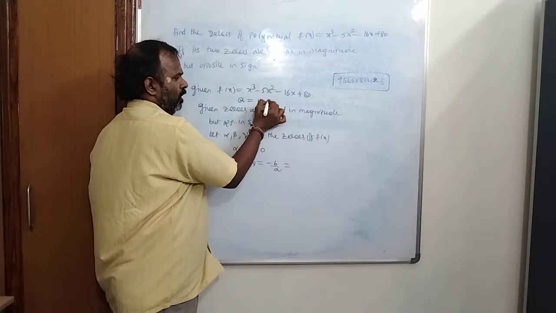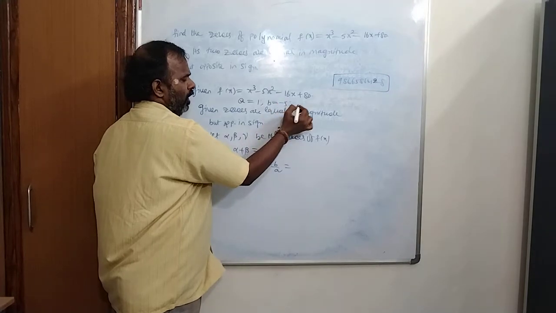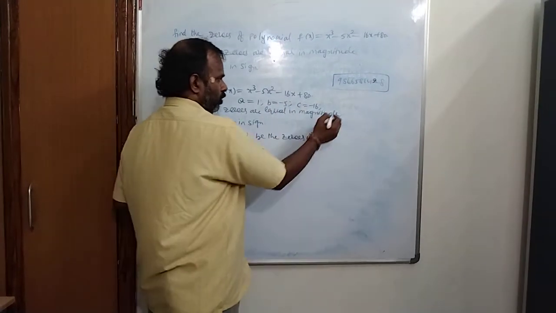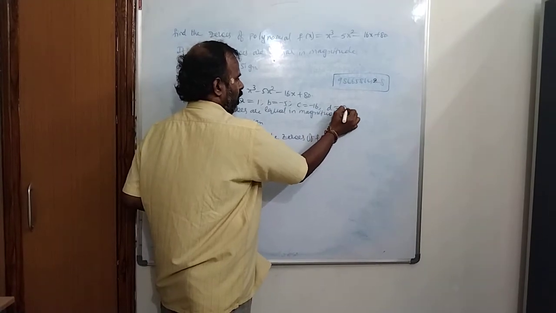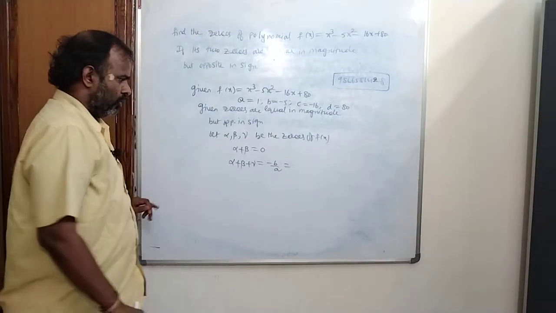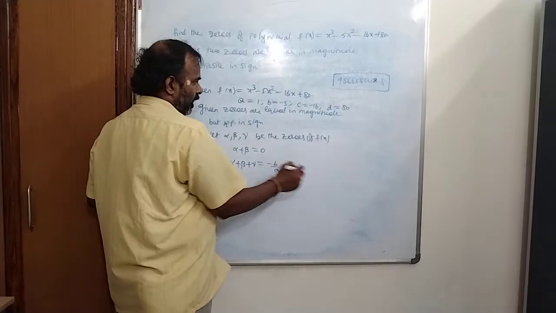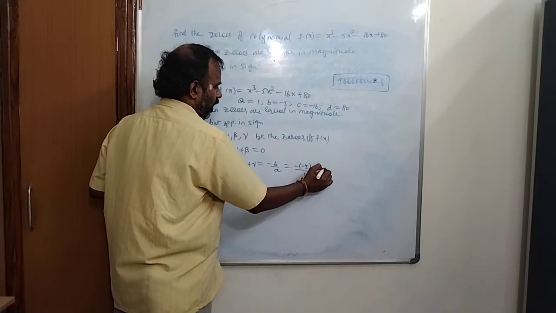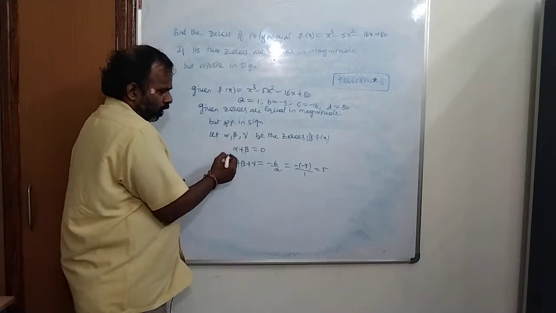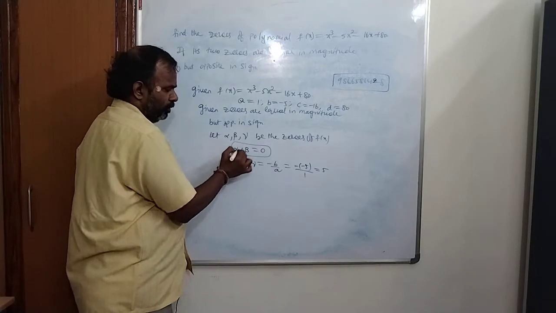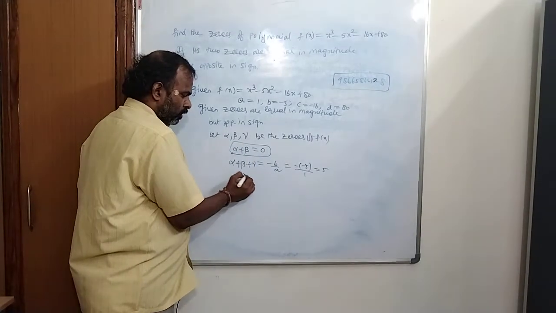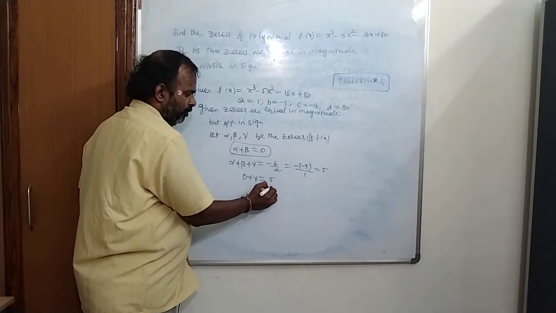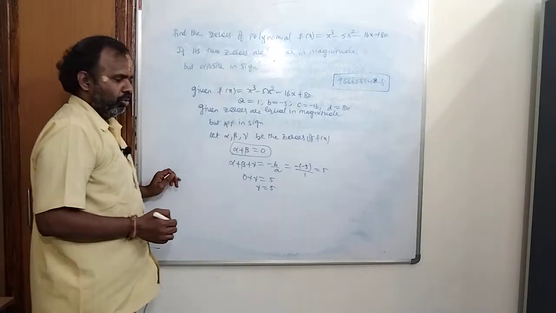Here a is equals to 1, b is equals to minus 5, c is equals to minus 16, d is equals to 80. So minus of minus 5 by 1, that is 5. Now already alpha plus beta is 0. So 0 plus gamma is equals to 5. Gamma is equals to 5.